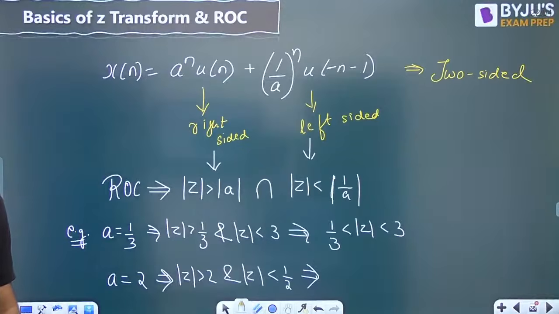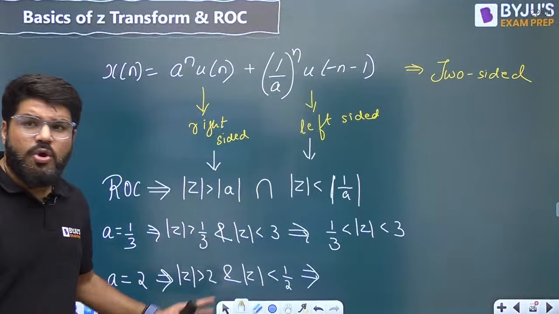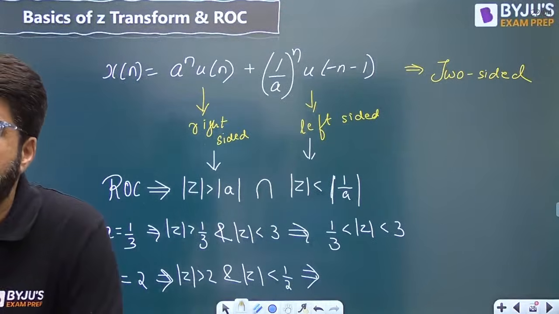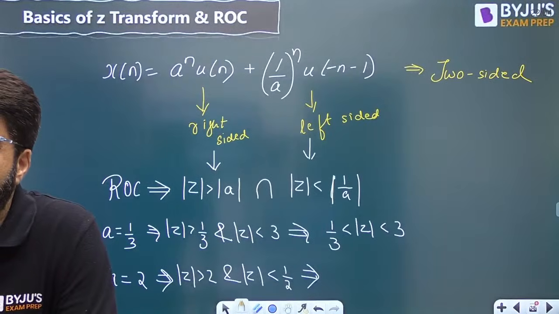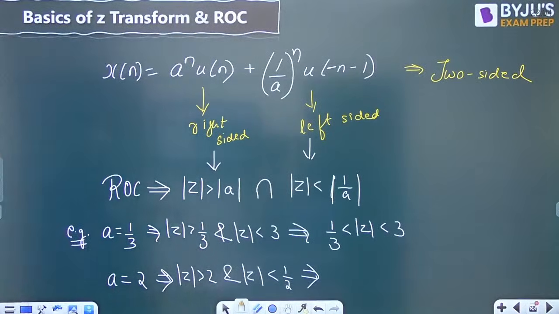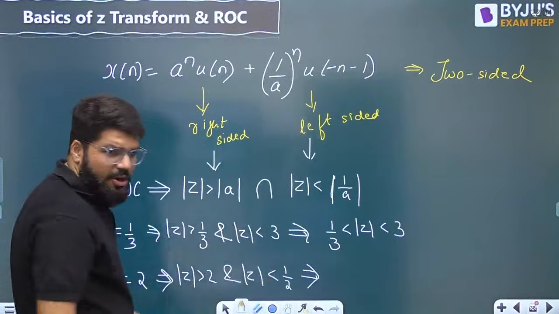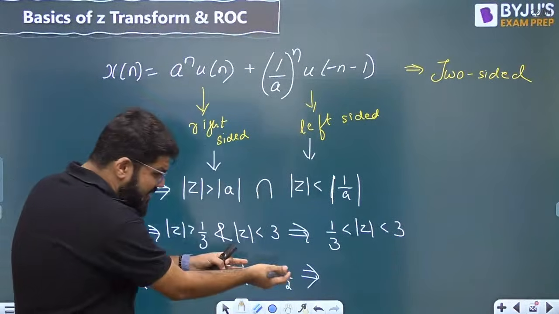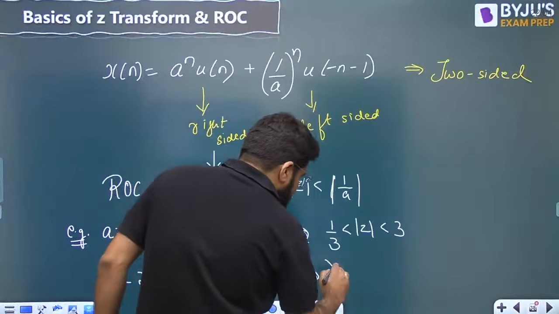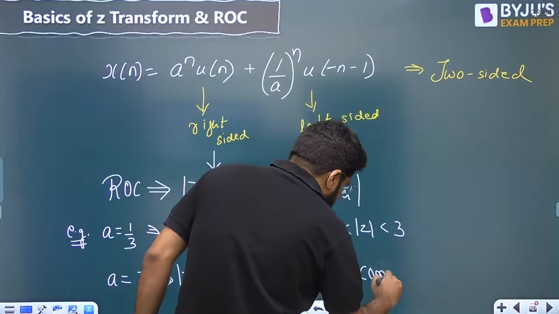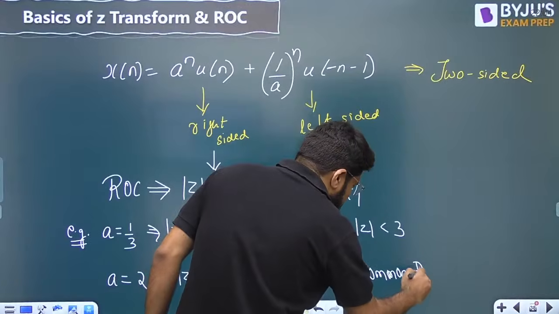What should be the answer? Mod z should be greater than 2, and also less than 1 by 2. But it is not possible. If it is greater than 2, it cannot be less than half. If it is less than half, it cannot be greater than 2. So there is no common ROC in the second case.